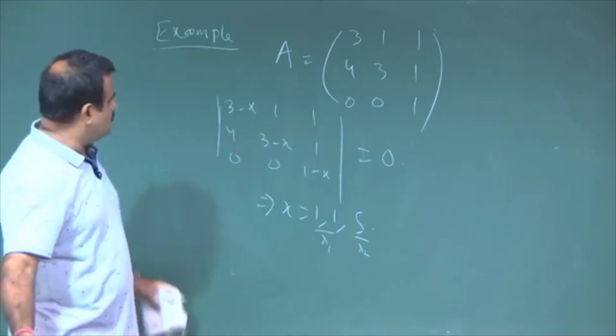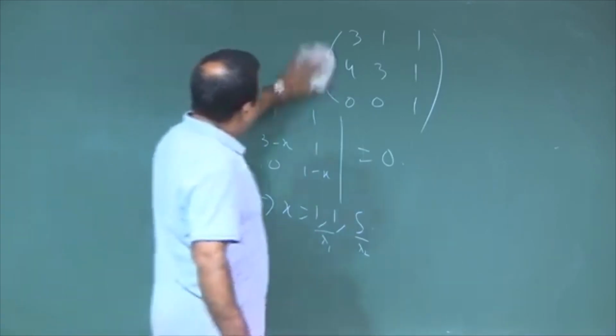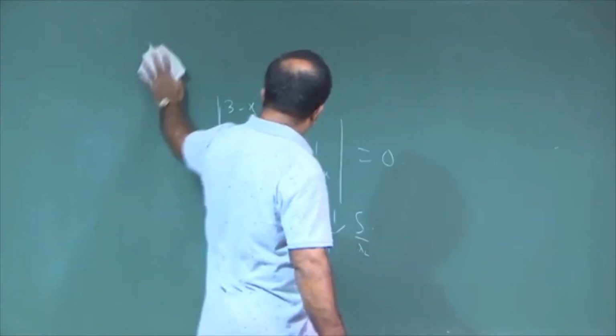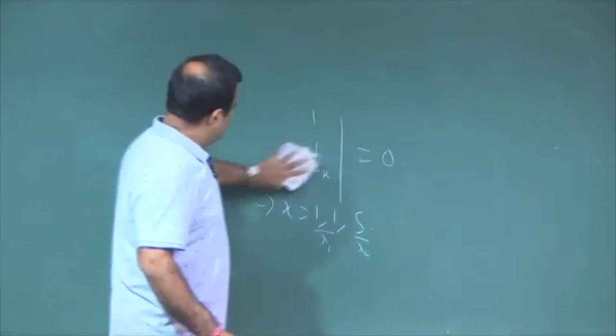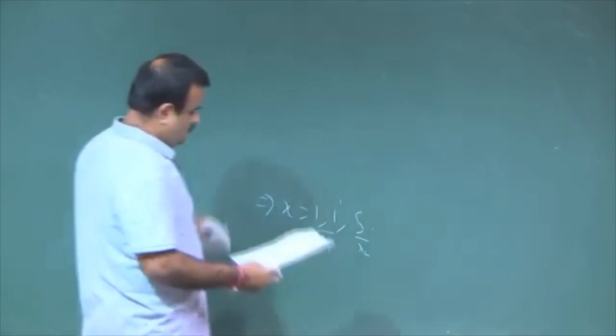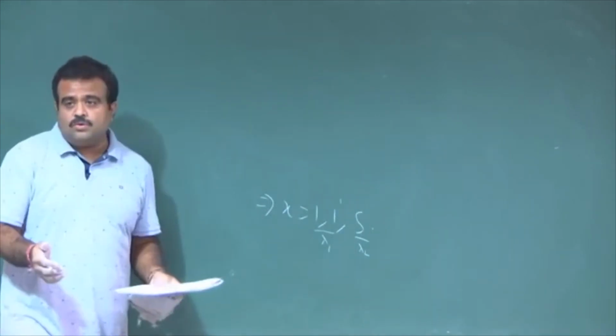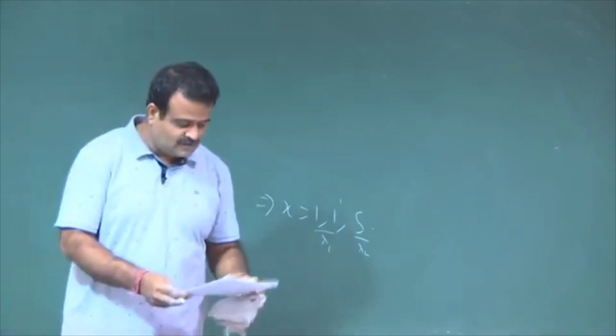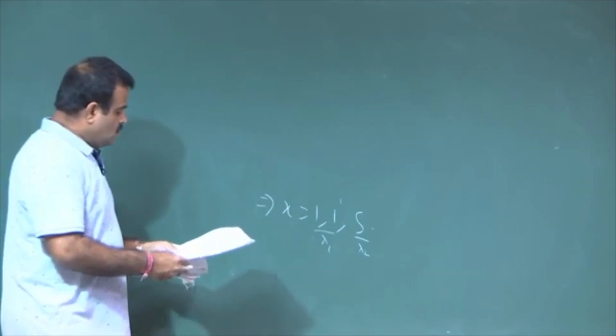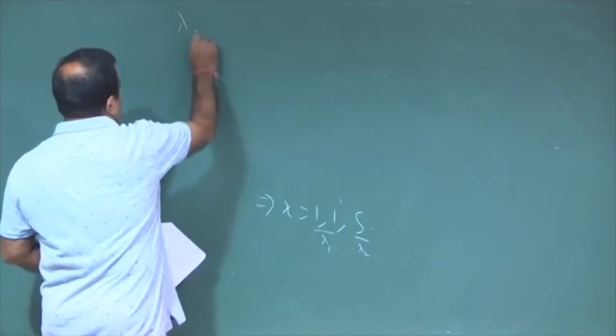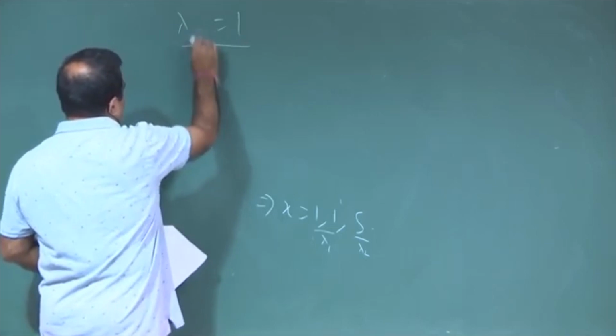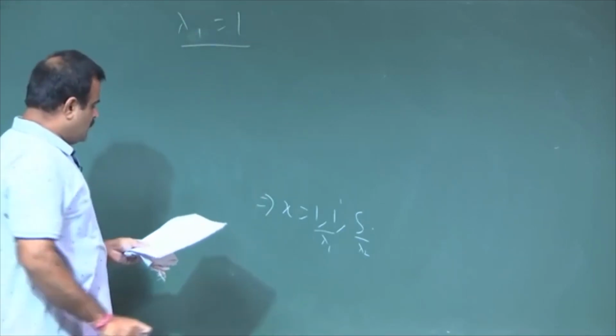Now, we just need to check the geometric multiplicity of this lambda 1. If it is not 2, then this A matrix is not diagonalizable. So, for that we need to find the eigenvector corresponding to lambda 1.